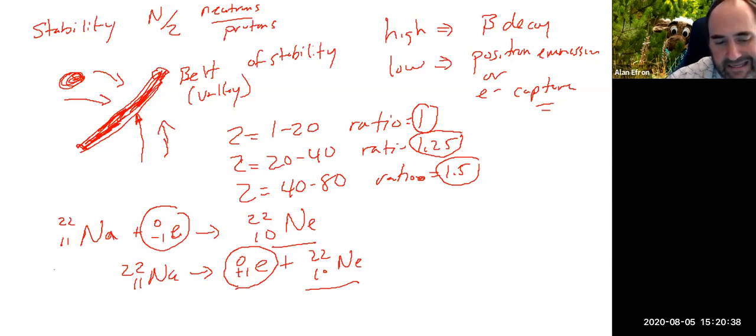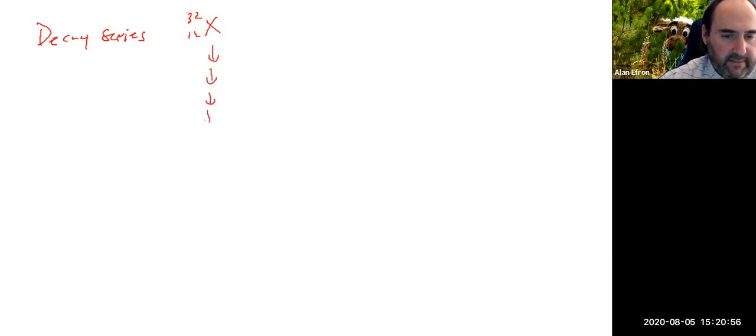We also talked about a decay series, and in a decay series, we have really a series of decay from a radioactive element, and it will continue this decay process until it decays to a stable nucleus.